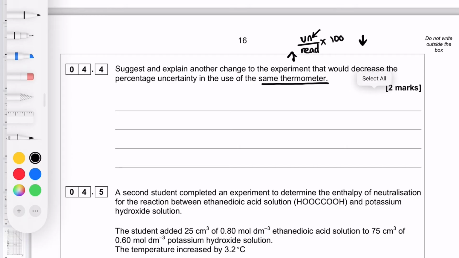Now we can't increase the amount of acid or alkali, because if we increase the volume, the temperature rise would actually get smaller because there's more water to heat.